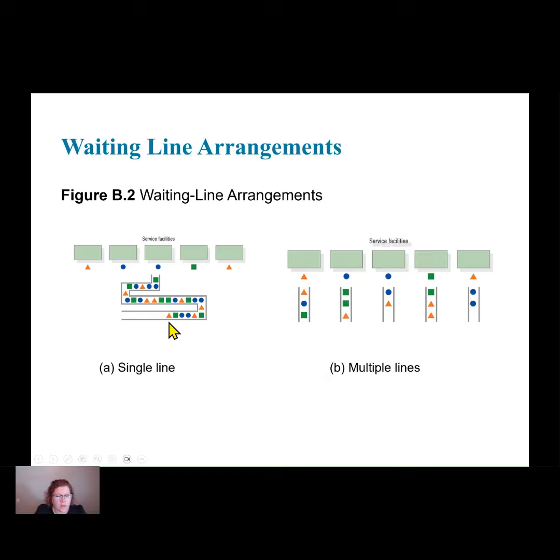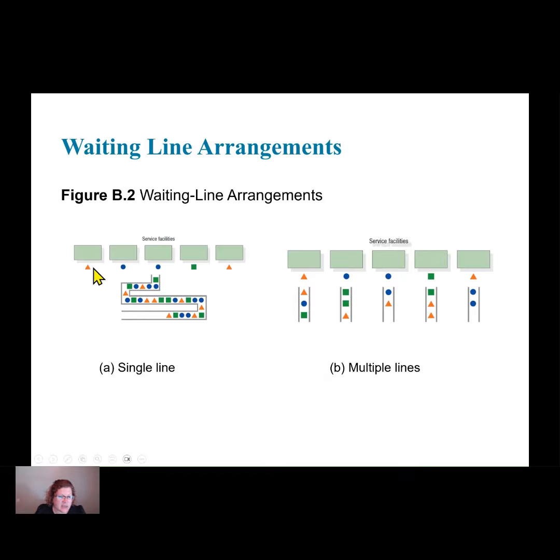You might see it at ticket counters, and other places like theme parks will use a single line model. The single line model is actually a much more efficient model of getting people through the system faster. The reason why is if everyone lines up in a single waiting line and feeds to the next available person, then any delay at one of the cashiers or service providers doesn't delay the whole line.